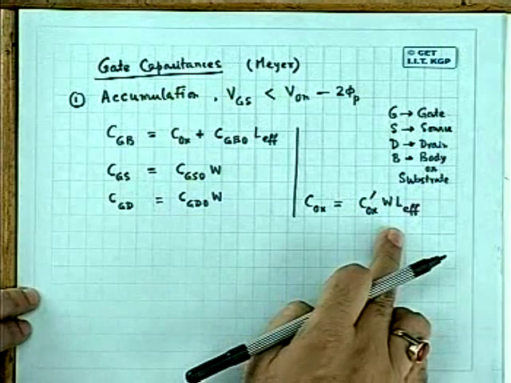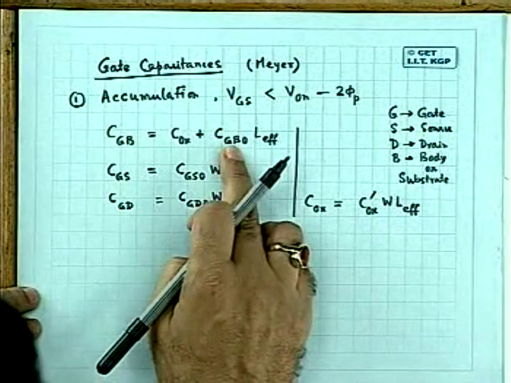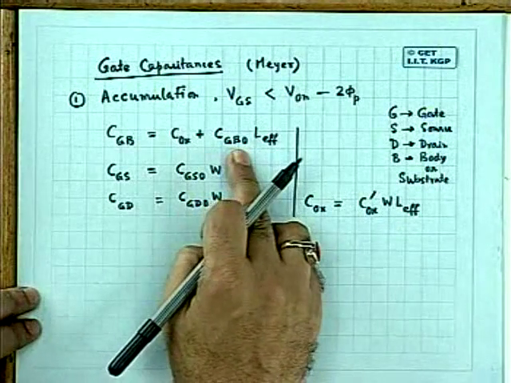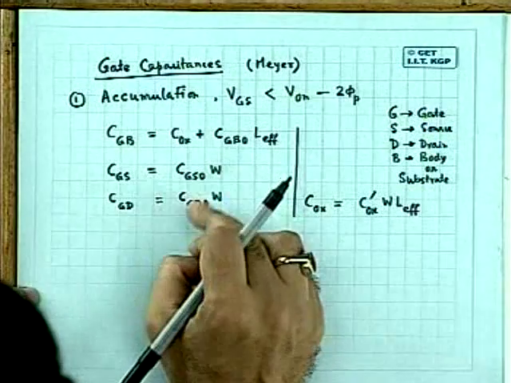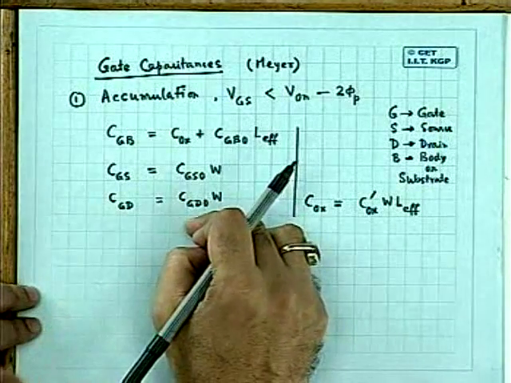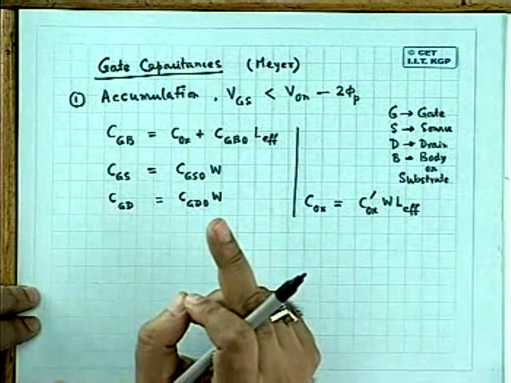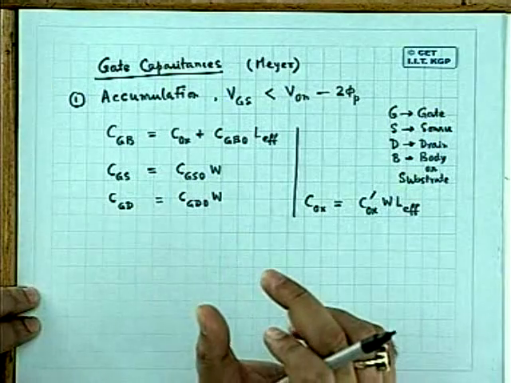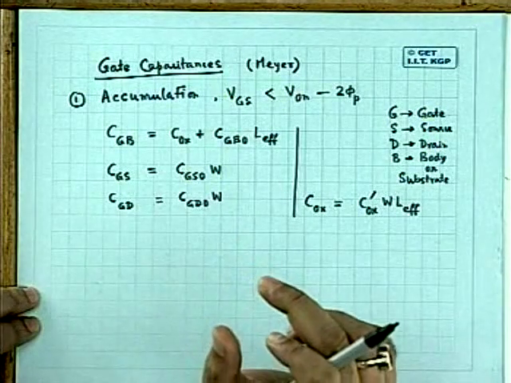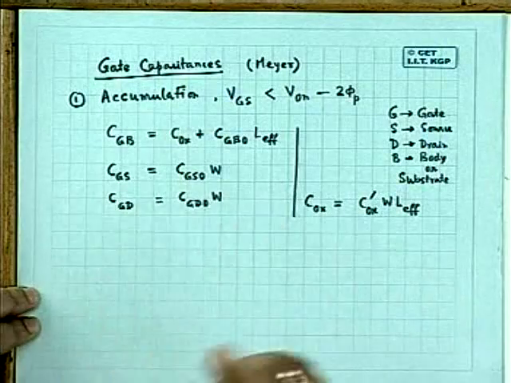So COX is this. Okay. What is CGBO, CGSO, and CGDO? These are called overlap capacitances per unit length or per unit width outside the channel.